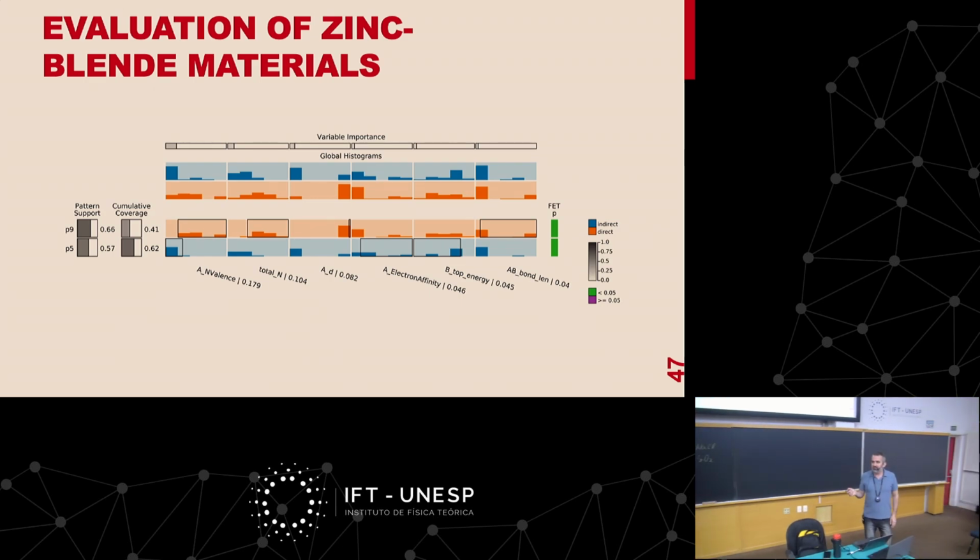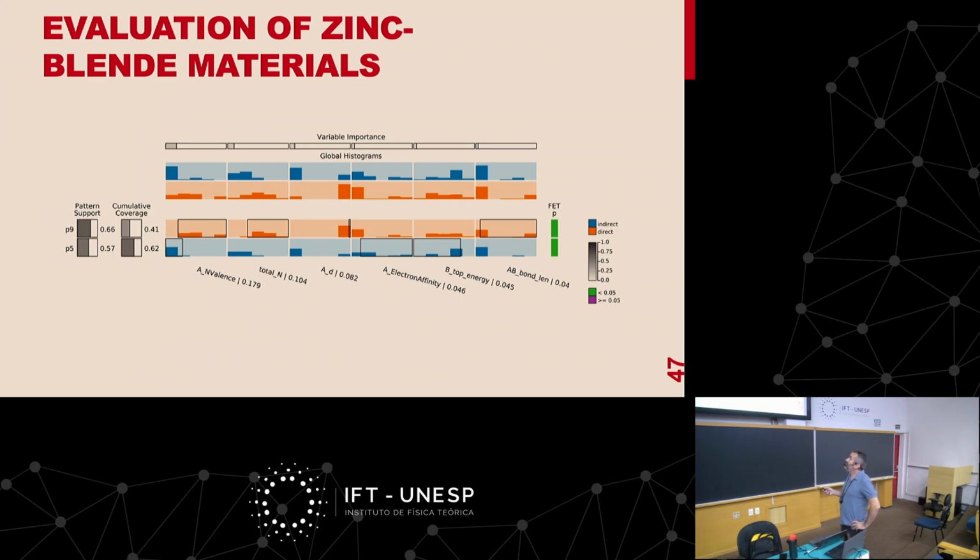So this comes from the method that we use. Very briefly, what it does here is the following. These are the features, for instance, the total number of valence electrons of atom A, the total number of electrons, the position of d orbitals of atom A, electron affinity, several different properties.